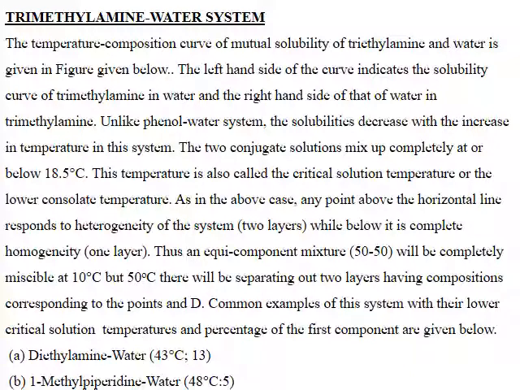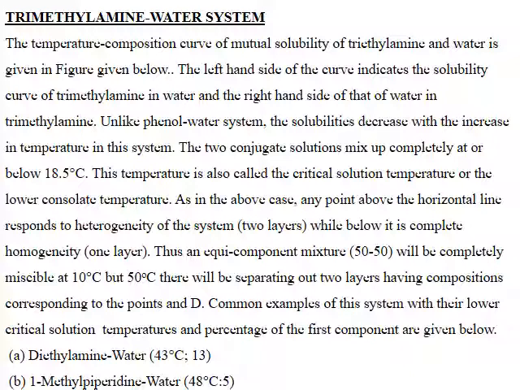The two conjugate solutions mix up completely at or below 18.5 degrees centigrade. This temperature is also called the critical solution temperature or the lower consolute temperature. As in the above case, any point above the horizontal line corresponds to heterogeneity of the system, while below it is complete homogeneity.